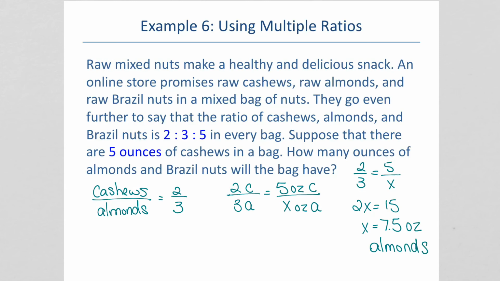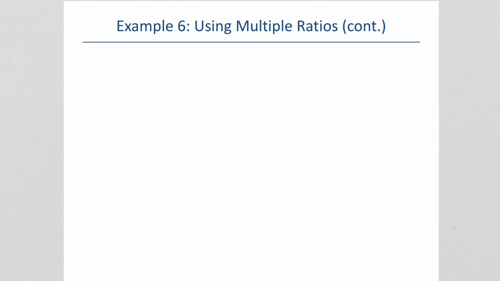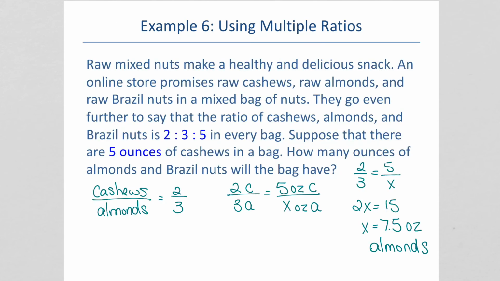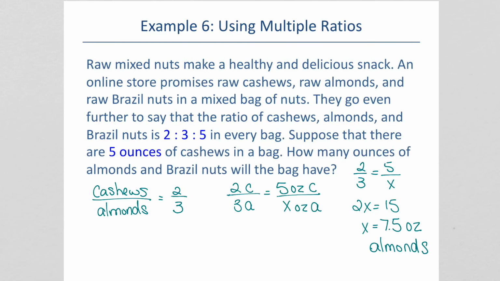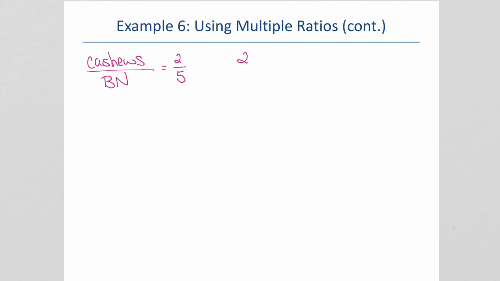Okay. And then what about cashews to the Brazil nuts? I don't want to write that all out. It takes too long. So that would be 2 to 5. Okay? So 2 cashews is equivalent to 5 Brazil nuts.